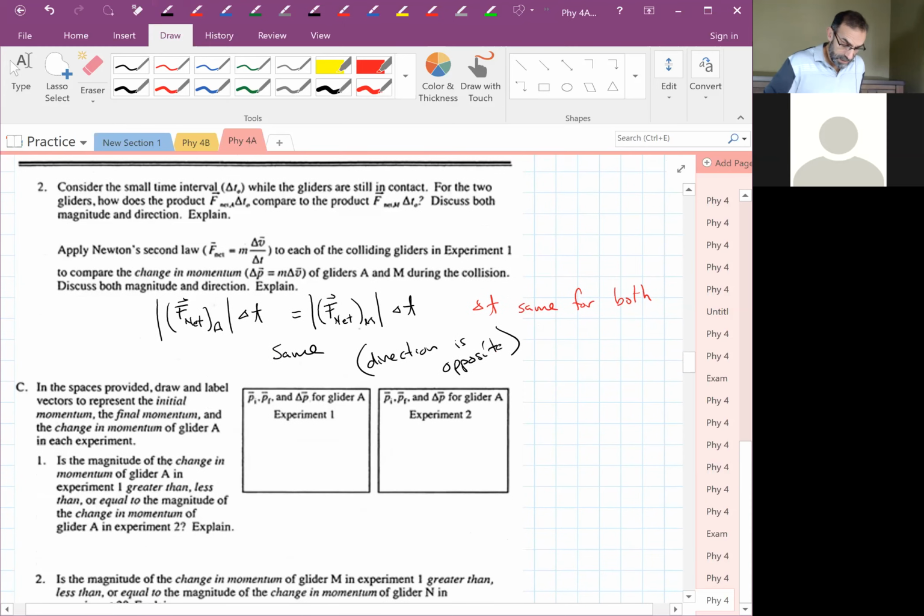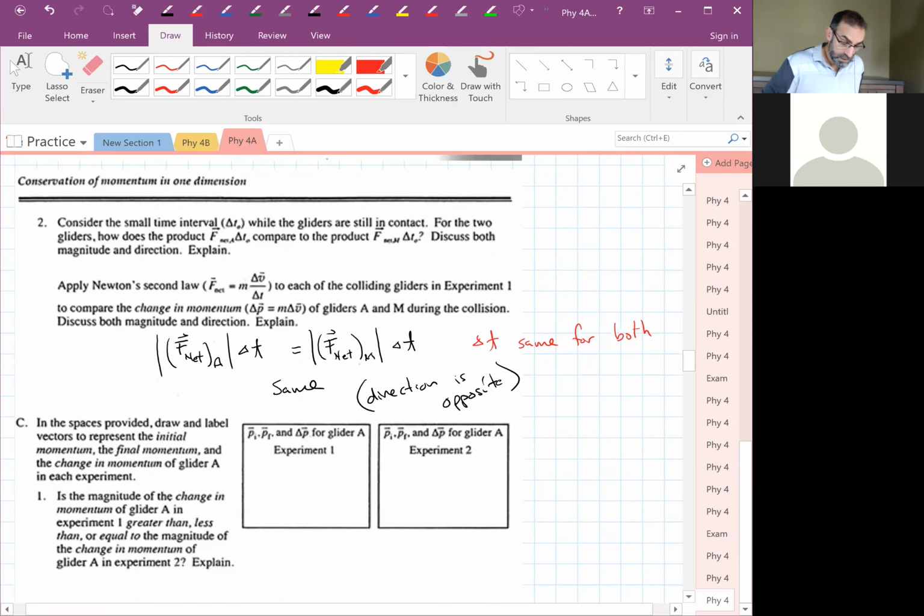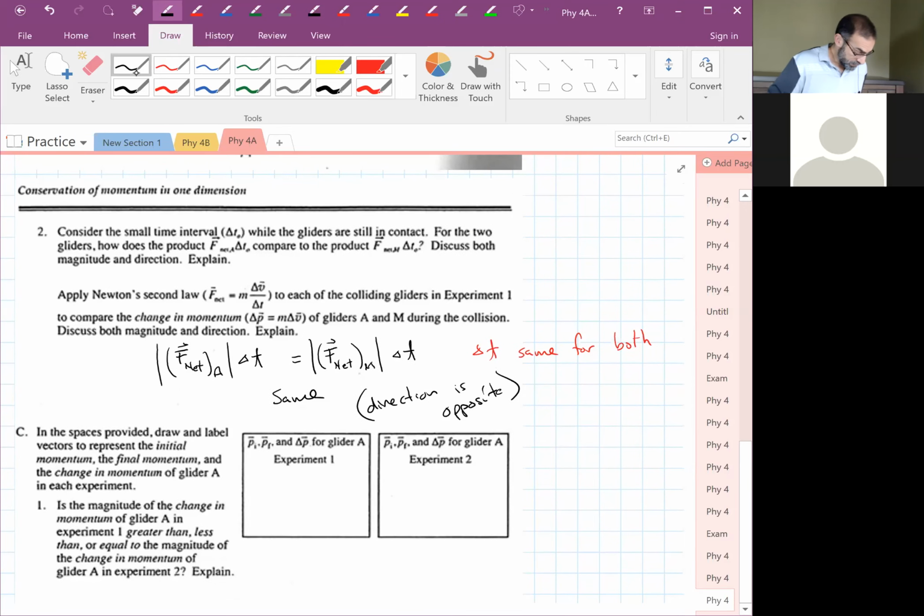So I could write it as, does it ask me to do it somewhere? We could write it this way, right? We could write it as the impulse on A is equal and opposite to the impulse on M, if we wanted to. Right, time of contact.